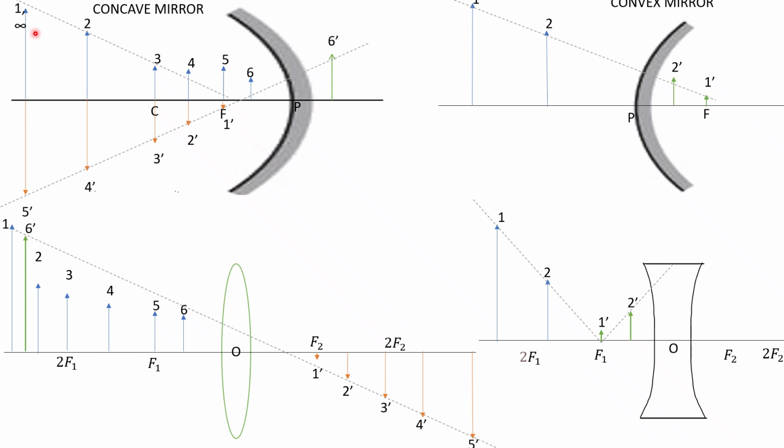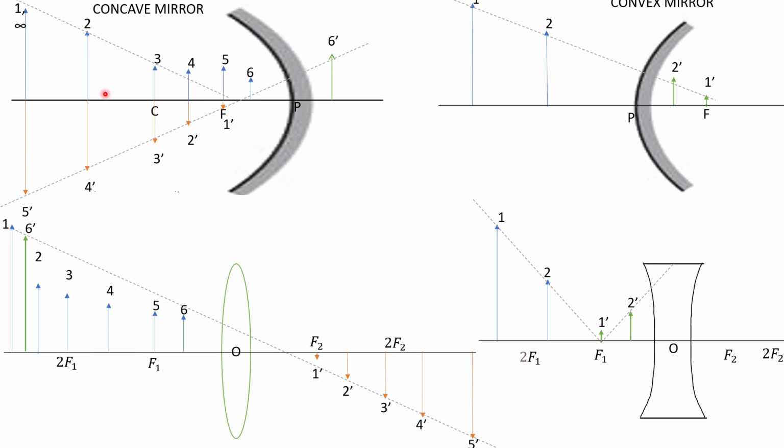And everywhere in this image, you remember, all your 1 will be infinity. So the object is at infinity, you have your image at focus, and that is your first image, that is 1 prime.